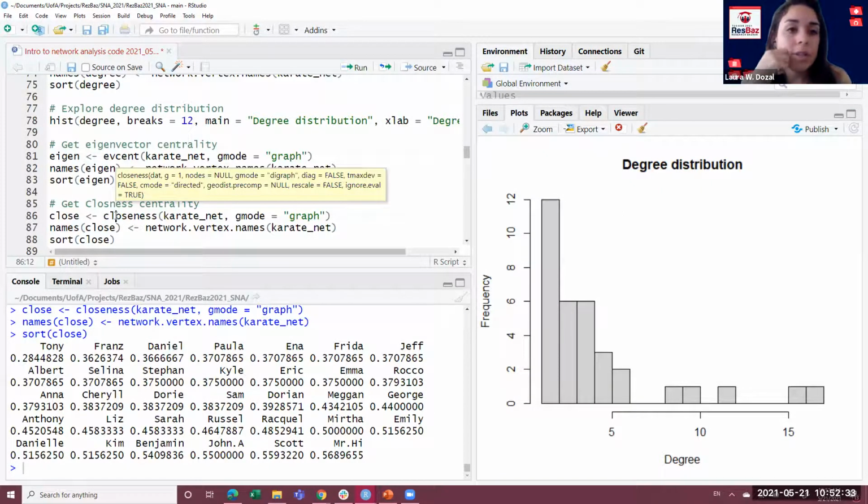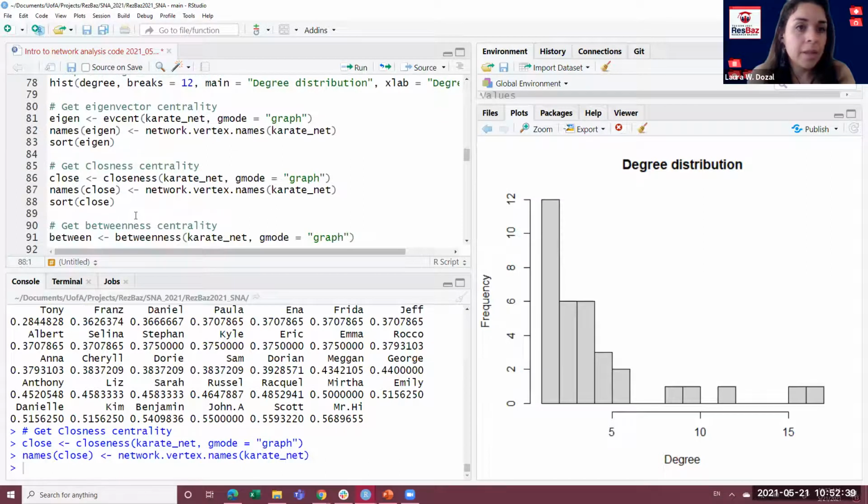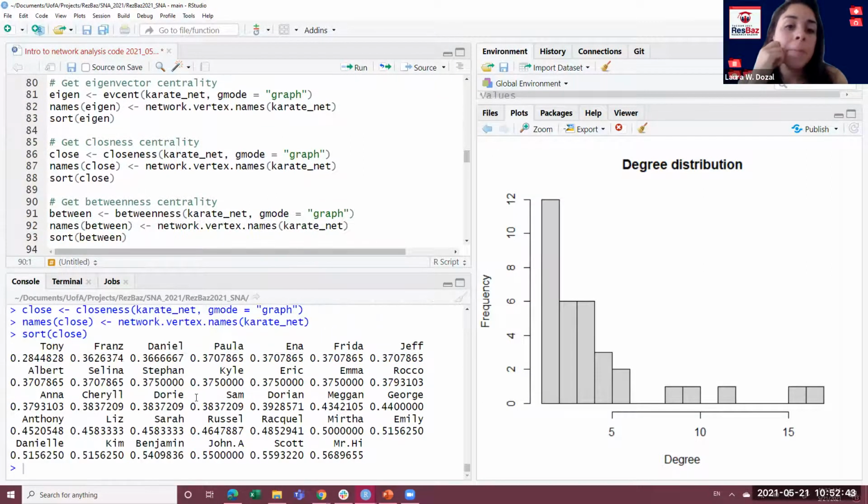So here we're going to use our closeness function again, with the same kind of setup. But here we're looking at different centralities for different actors, right? Now Mr. High is closer to other people, so essentially he's closest to most people in the network.